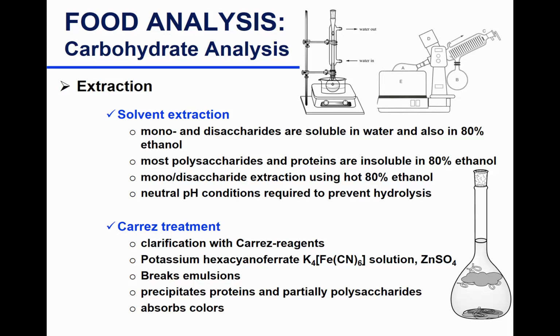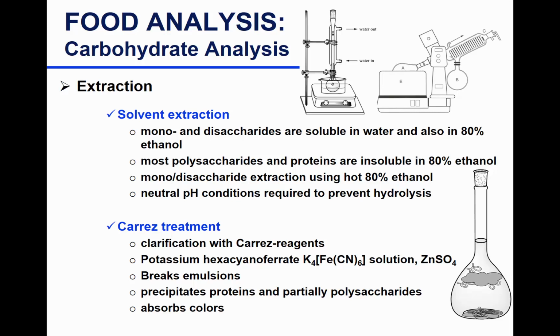So if you have a food matrix, it has a lot of different things in it, not just your mono and disaccharides in pure solution. So you have your water, your moisture, your fat, your protein, your carbohydrates, total carbohydrates like polysaccharides, and dietary fiber. And all you care about is determining the mono, di, and oligosaccharides in your sample.